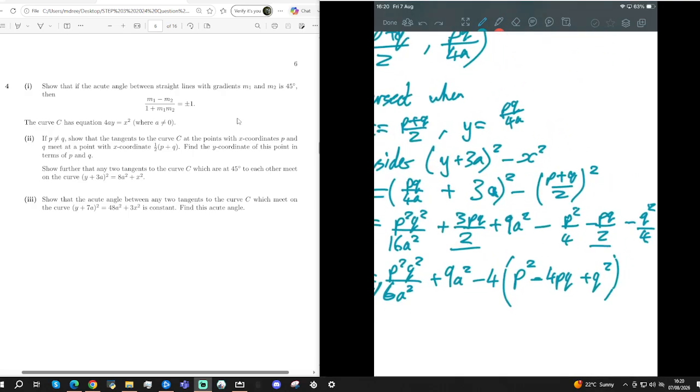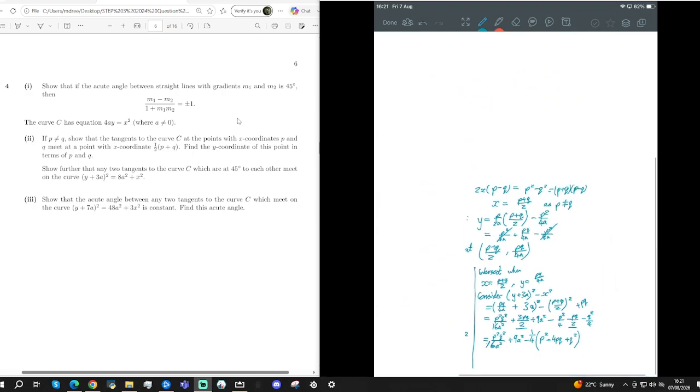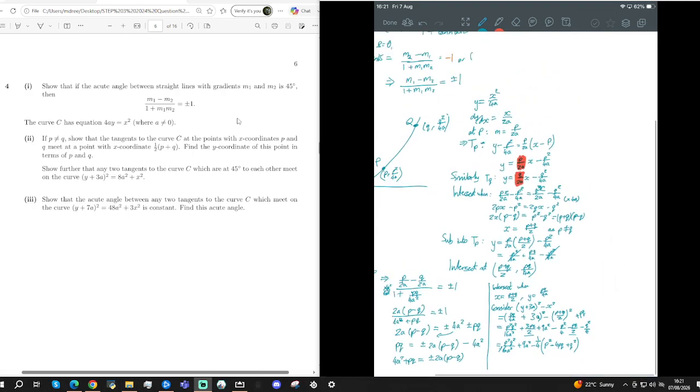So let me check my mental arithmetic. Those two terms are going to become a plus pq, which when I factor out the minus a quarter, sorry, is what I'm factoring out, not minus 4, I do get minus 4pq. That's not quite what I wanted.